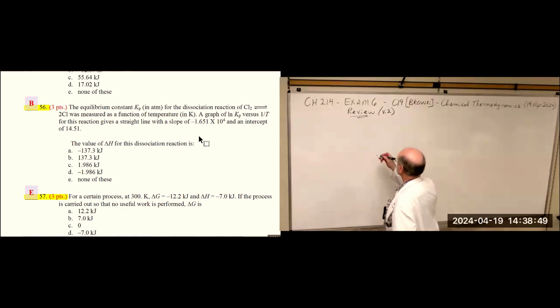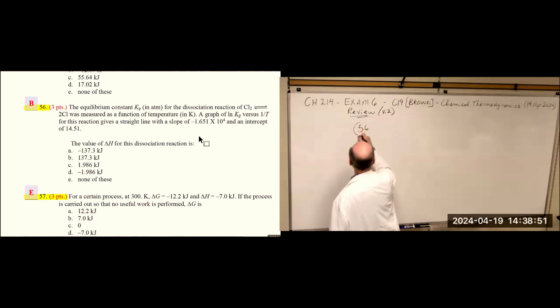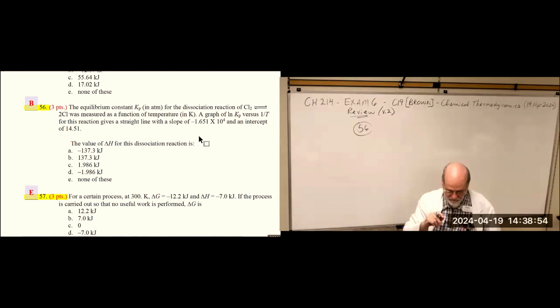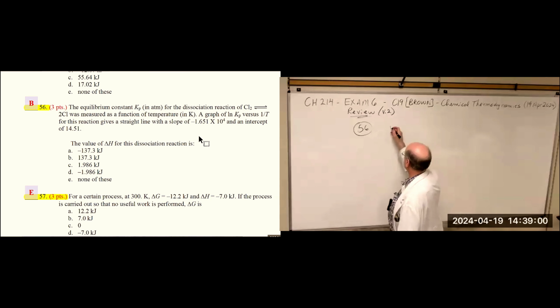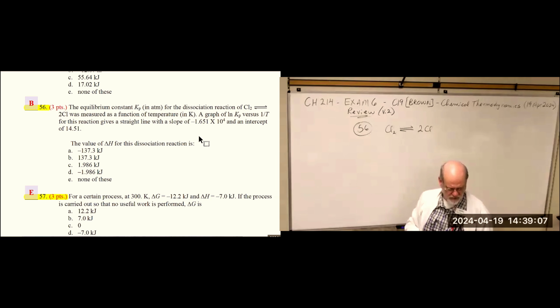Number 56. The equilibrium constant Kp in atmospheres for the dissociation reaction of chlorine into 2 chlorine atoms was measured as a function of temperature. A graph of natural log Kp versus 1 over T gives a straight line with a slope and an intercept.